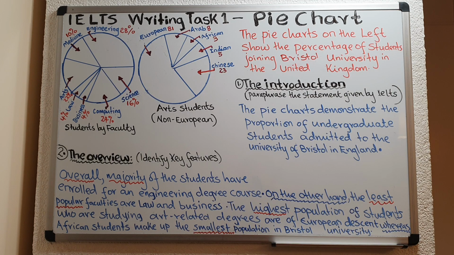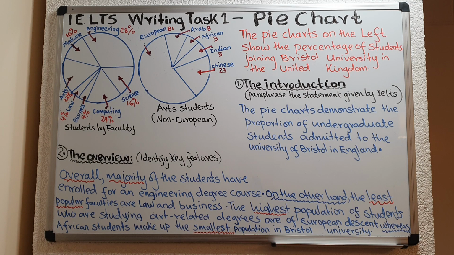So when it comes to students by faculty, the highest percentage is engineering, that is 28%. And then the lowest percentages go to law and business with 4%. So that is for the first pie chart. And then for the second pie chart, let's look at the number of students that are studying arts, okay?